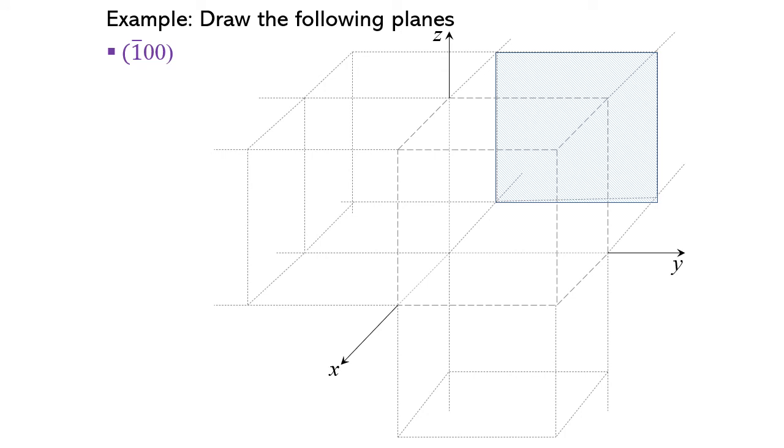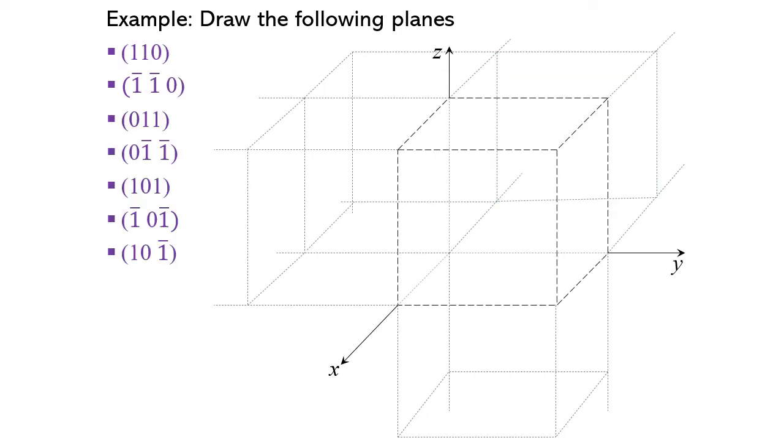So it's already solved, 1 bar 0. Okay, then 1 1 0. 1 1 0 plane: x intercept 1, y intercept 1, z intercept 0. So this plane intersects the x-axis at a distance of 1 unit cell edge length away from the origin. So this is the point. First we look at all the points of intercept on the x, y and z axis.